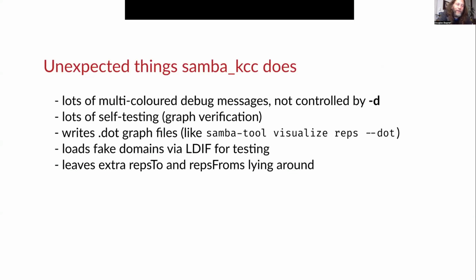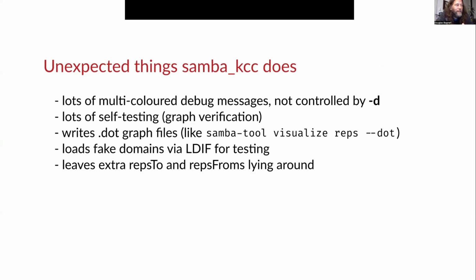And so those pictures that I was showing before, I didn't actually make them with the Samba KCC, but it can do that. It can write a dot file showing you what it's done, which you can now do with samba-tool visualize.